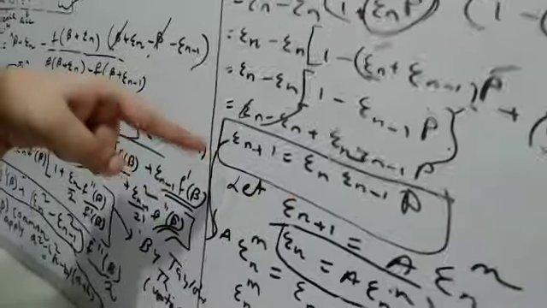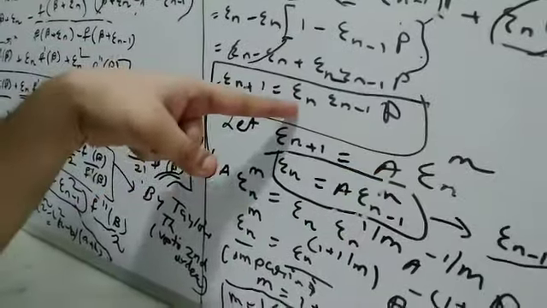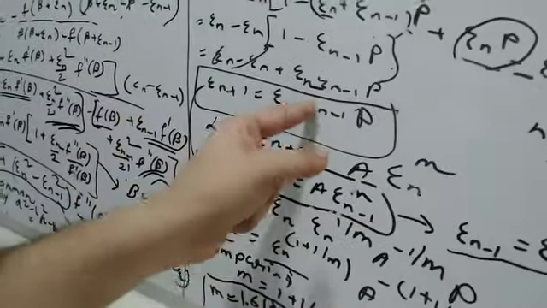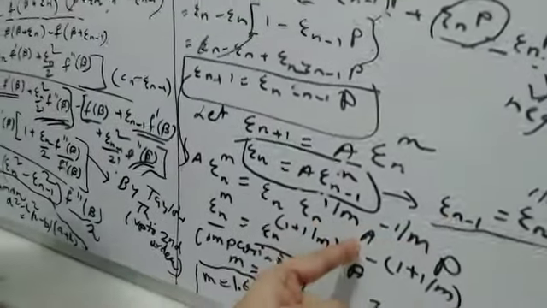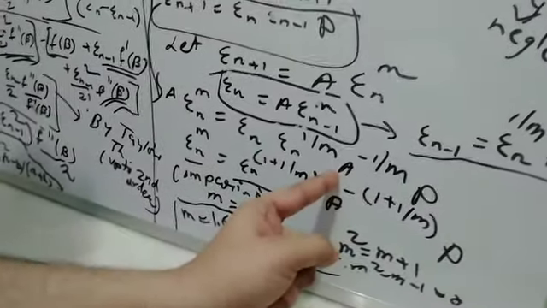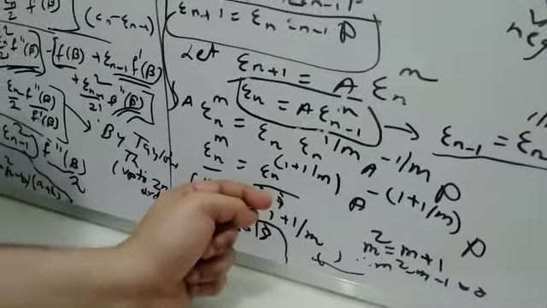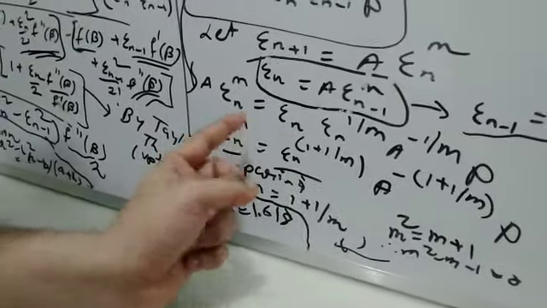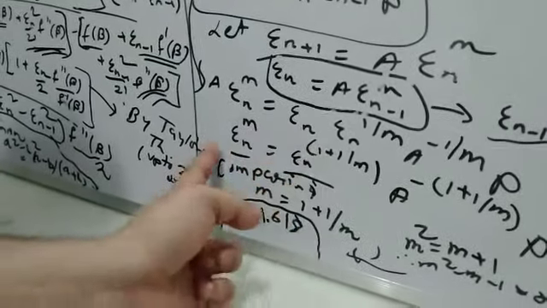So replace this one by this, keep this one as it is, and replace this epsilon n minus 1 by this one. Now, if you adjust this, you need to compare the power of this error.